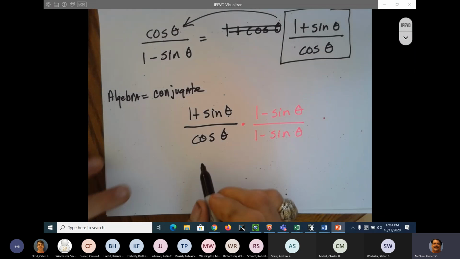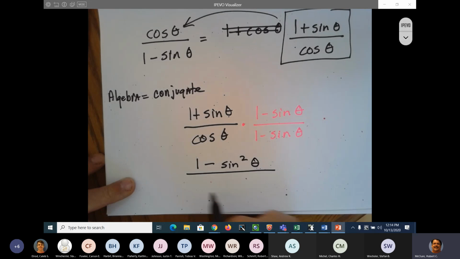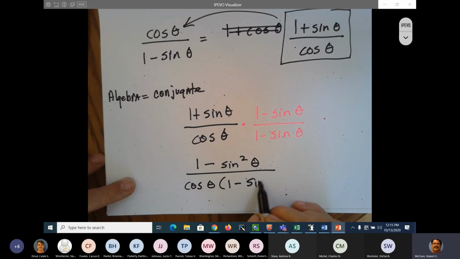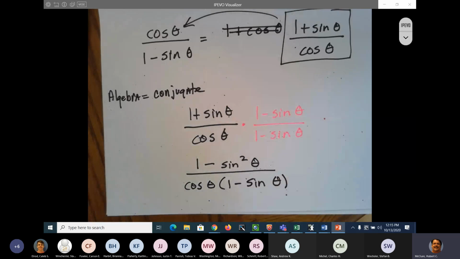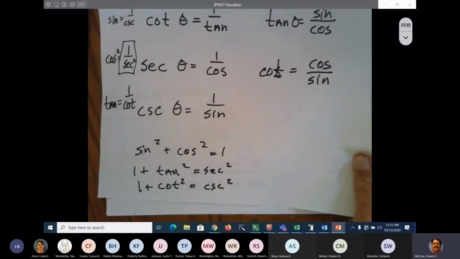So that's going to give you 1 minus sine squared theta over cosine theta times 1 minus sine theta. Well, hold on, where are my identities? I've got them here somewhere. What is 1 minus the sine squared?